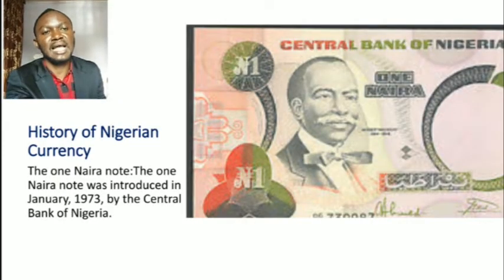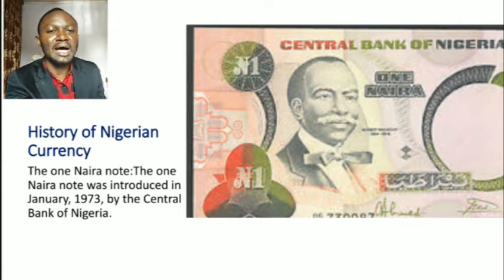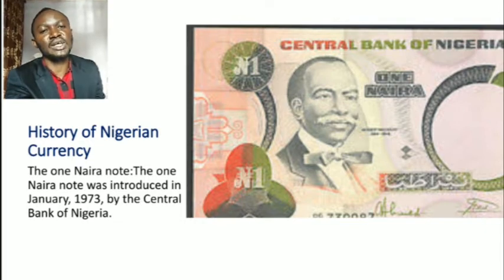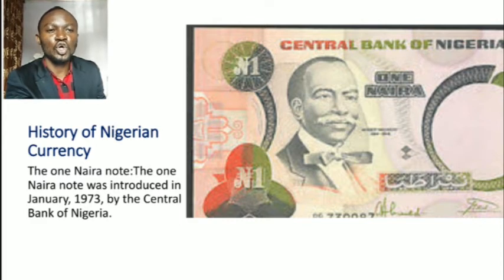Then, in the last class, we stopped at the introduction of 1 Naira in 1973 by the Central Bank of Nigeria. And on the screen, we have the 1 Naira note, where the image or portrait of Herbert Macaulay is well represented.